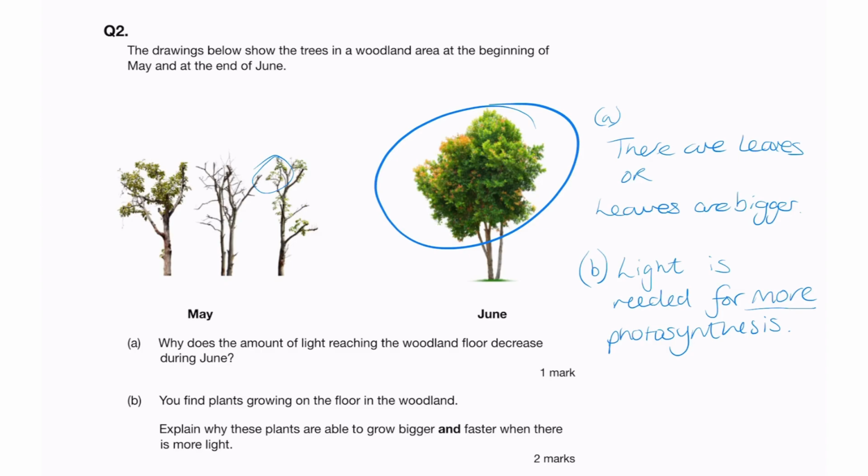Or you can remove that and say light is needed for photosynthesis, which makes glucose or food. Okay, that helps them to grow. That's what they're looking for, that the light is needed for the photosynthesis, which makes the glucose. If you wanted to finish off that, you could say to help the plants grow.